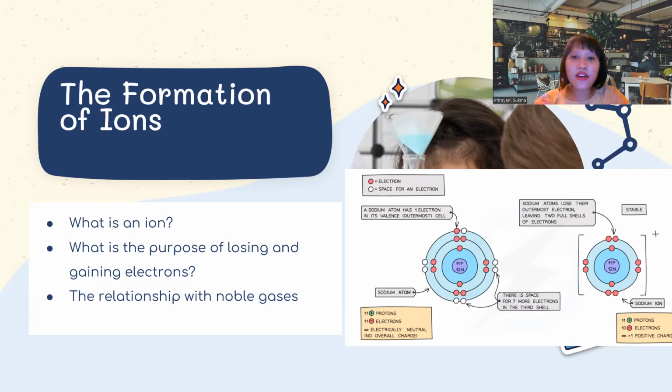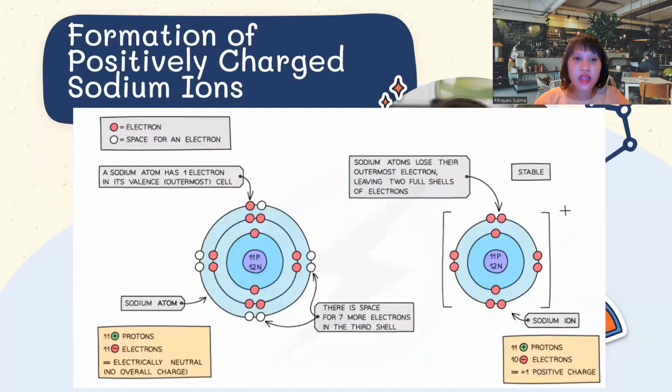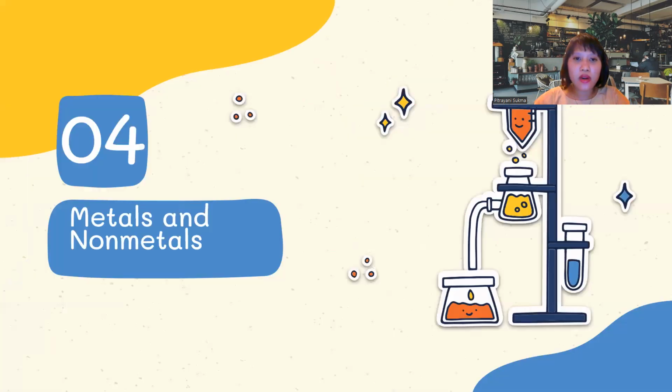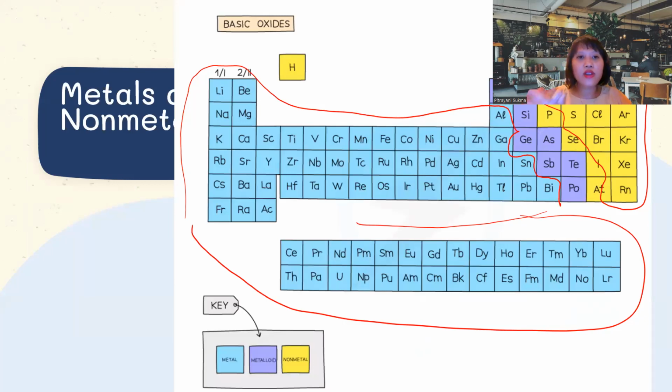Okay, so first we can see the formation of the sodium atom. Let's look at the periodic table first. The sodium atom is Na, and it is in group 1.